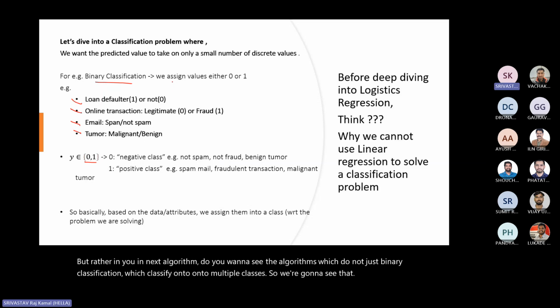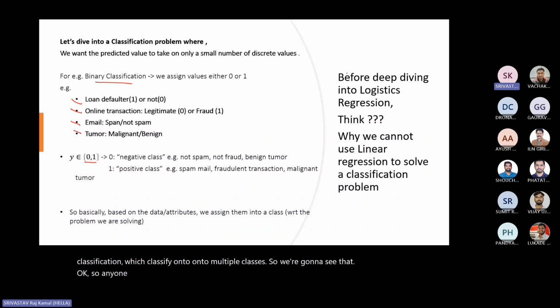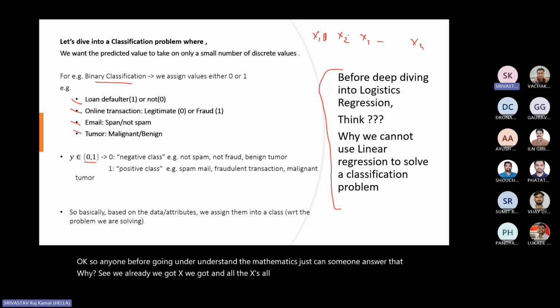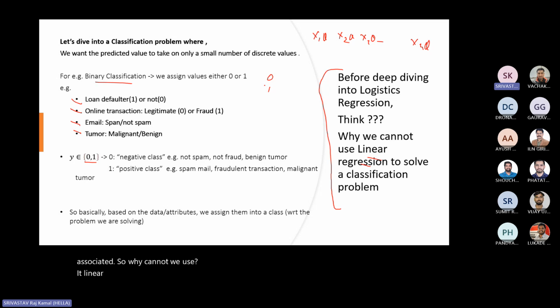Okay, before going into the mathematics, can someone answer why, since we already have x, all the features, and the theta associated, we cannot use linear regression? Eventually, 0 and 1 are also some kind of numerics.